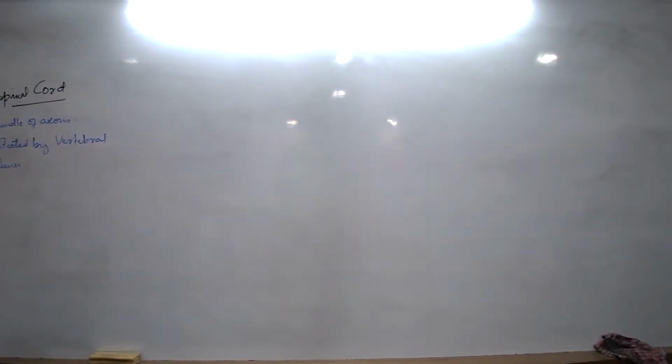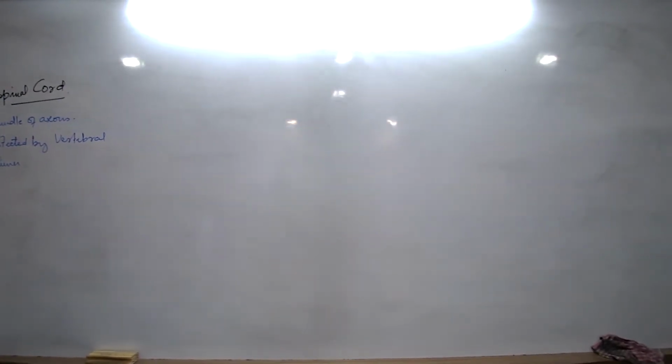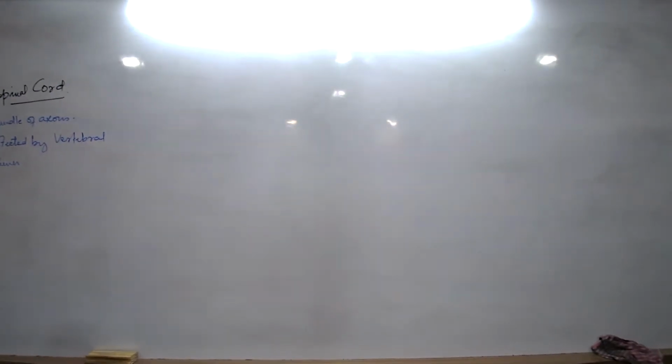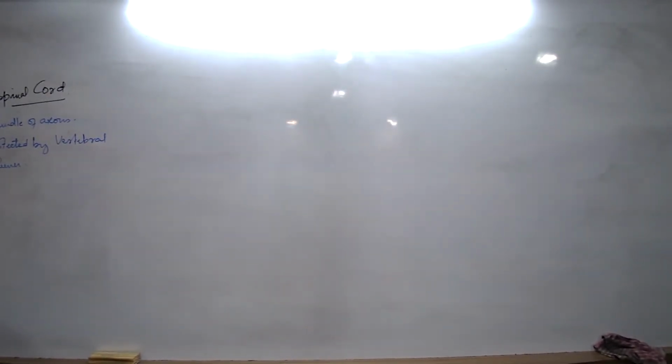Very, very important. The diagram, you should know it very nicely. This particular diagram shows the section of a spinal cord. Tick that diagram, very important. Now, to talk about this particular concept, first of all, we'll try understanding what is the job of the spinal cord.